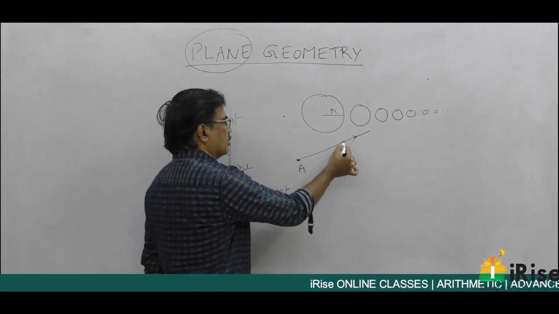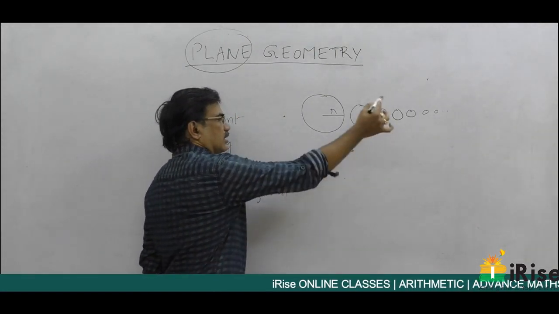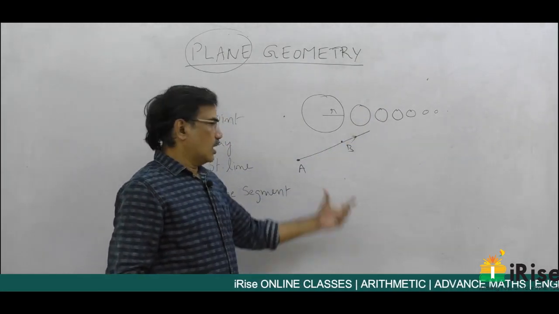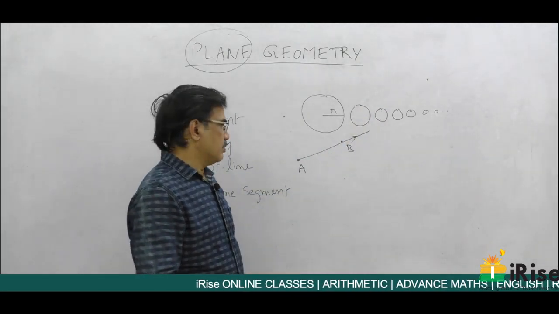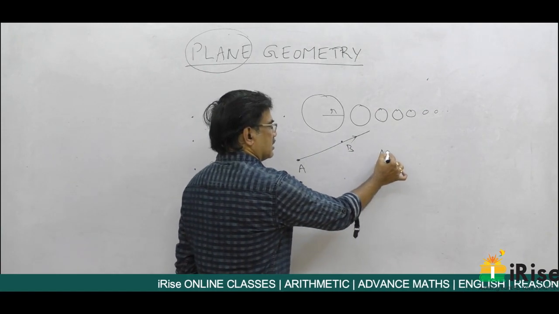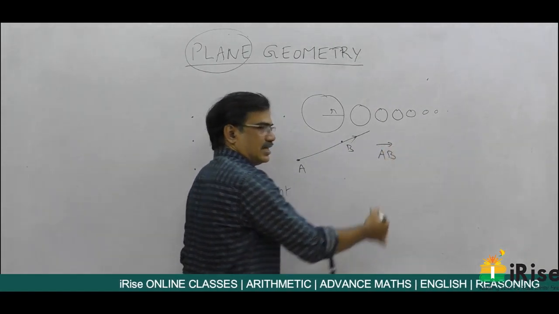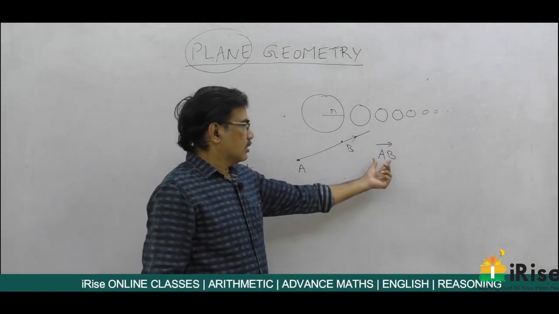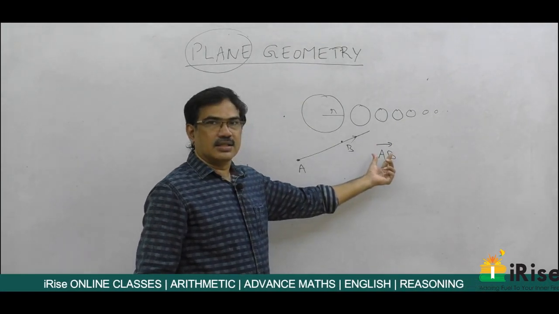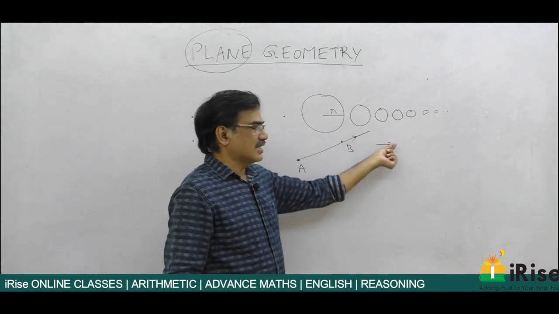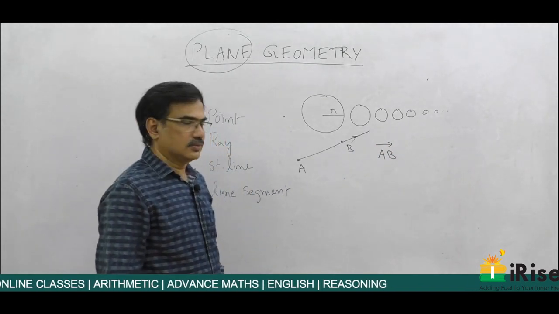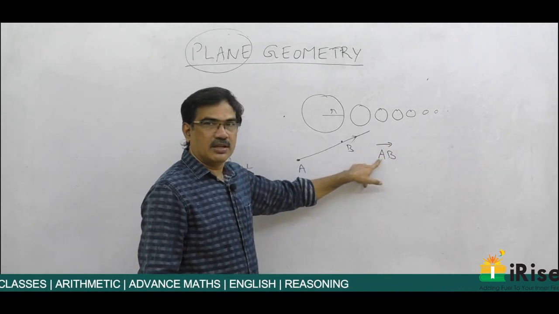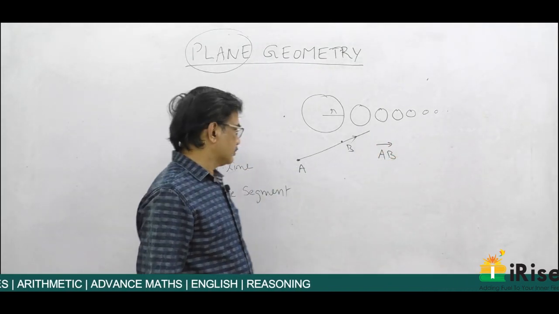Starting point is there. There is no end here. It is passing through B. How to represent a ray AB? AB ray is represented with a one-sided arrow. This is the initial point, passing through B.